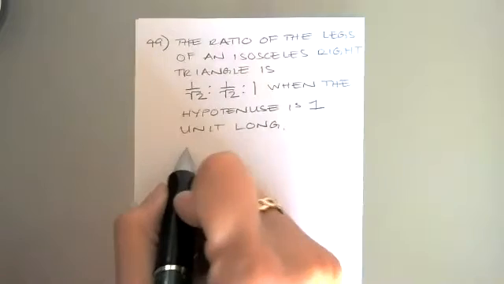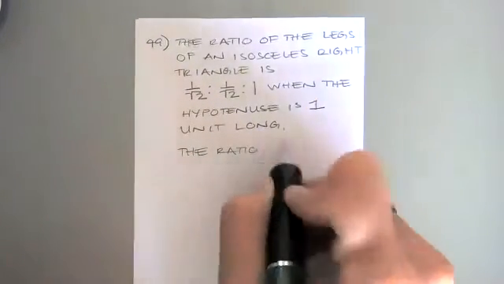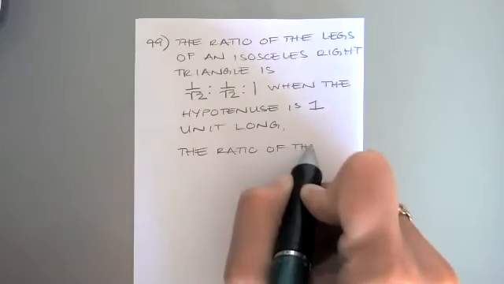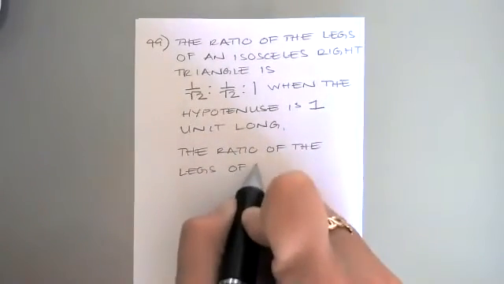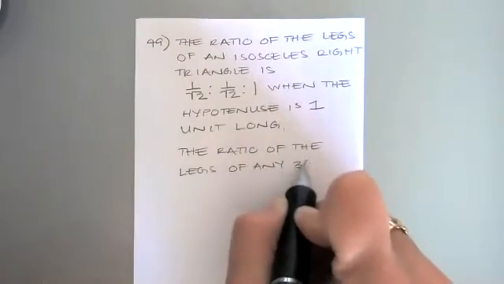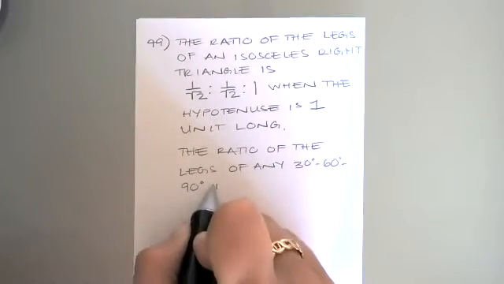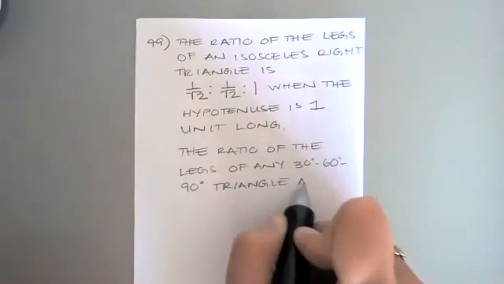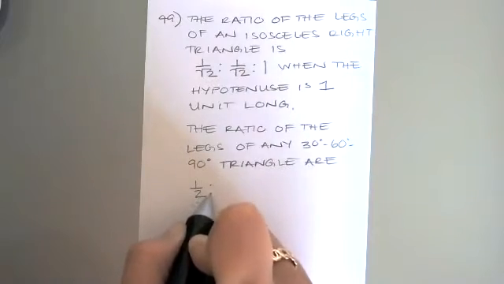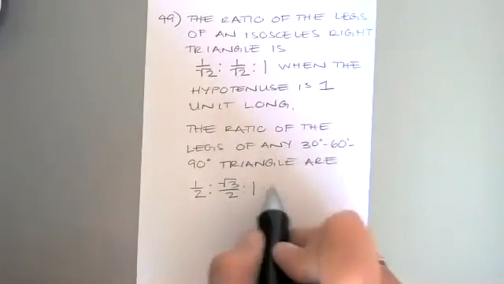Okay, and the ratio of the legs of any 30, 60, 90 degree triangle are 1/2 to the square root of 3 over 2 to 1.